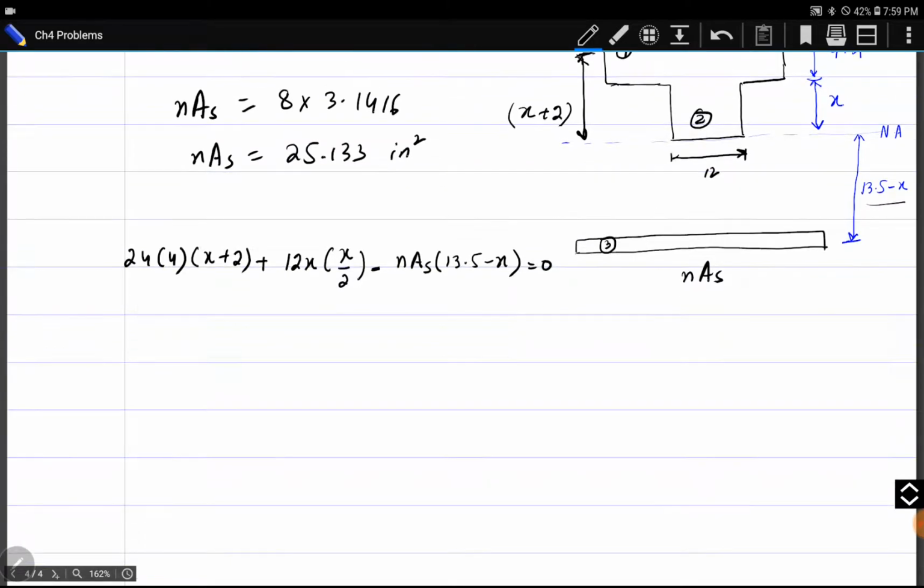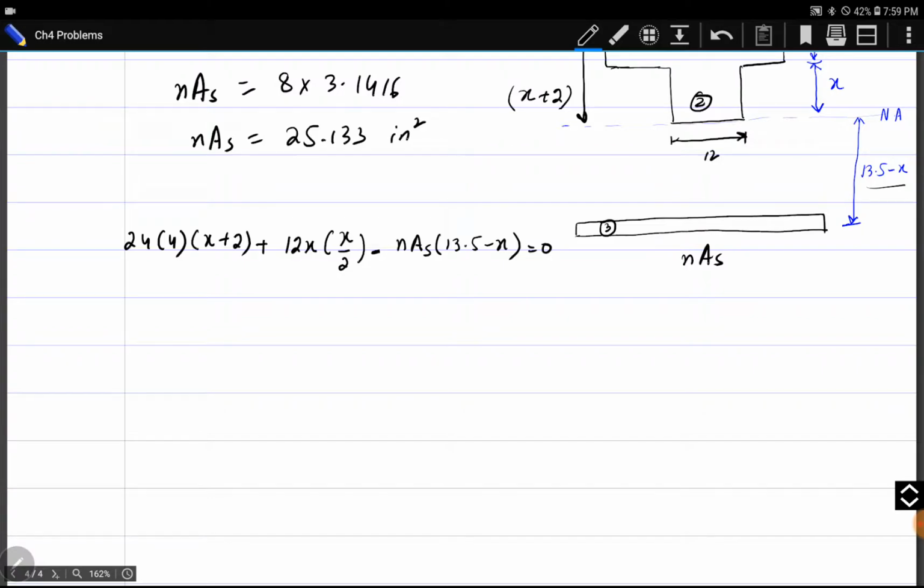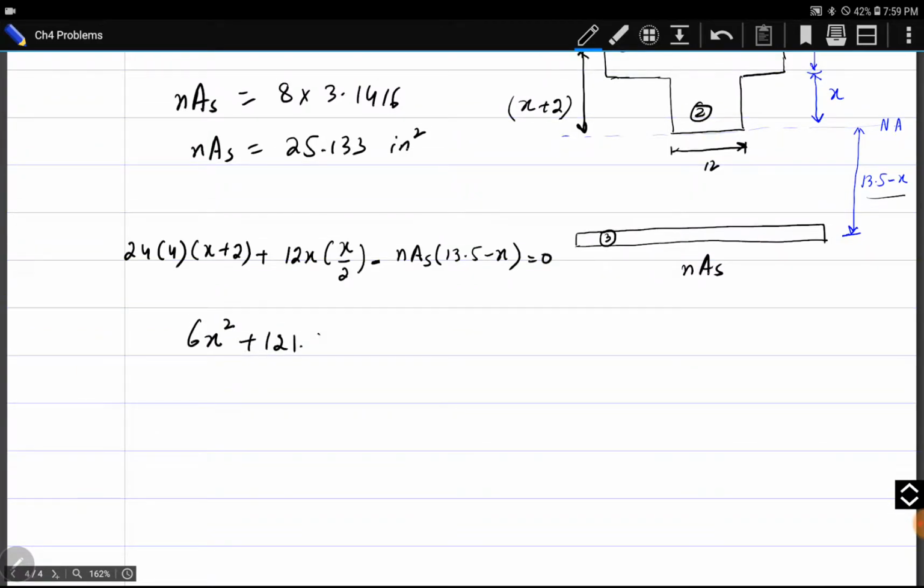We have to simplify this expression. This expression after simplification becomes 6x square plus 121.133 x minus 147.3 is equal to 0.